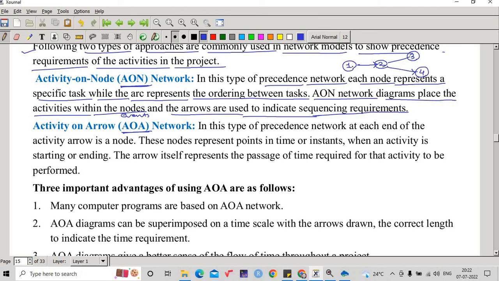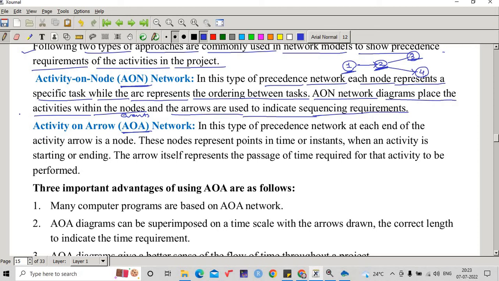The first activity to the second activity is carried out, then the second activity to the third activity is carried out. So arrows indicate only the sequencing requirement, that is, which is the first activity to be carried out before the second activity, and so on. So this is called an activity on node network.